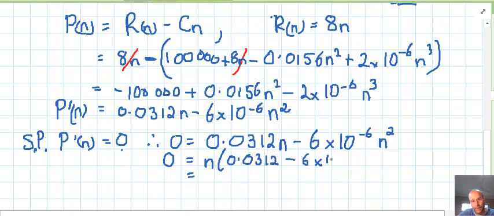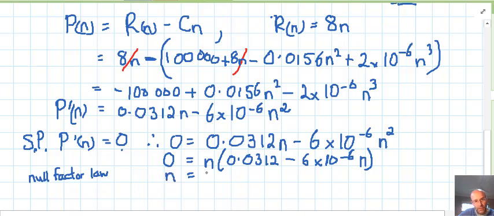So we take that factor out, times 10 to the negative 6. Let me just make sure that's clear. And that leaves a factor of n inside there. So null factor law, that you're familiar with.